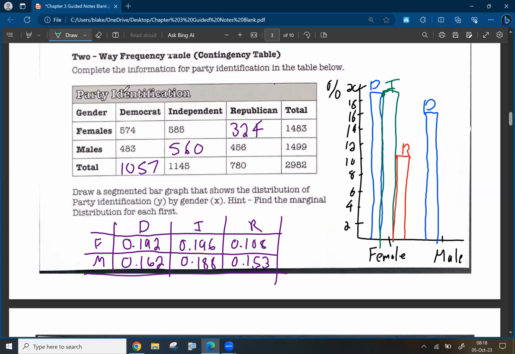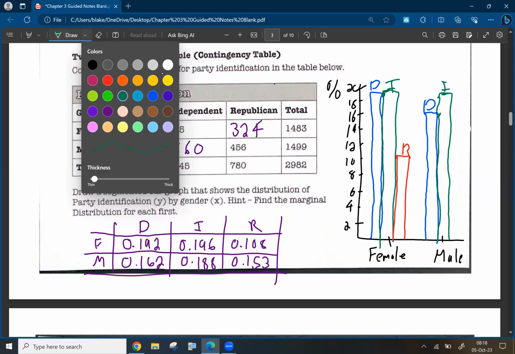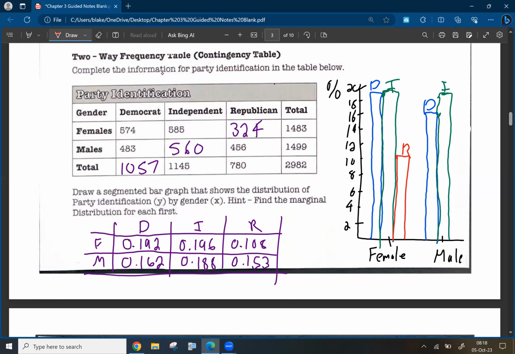For male independent, 18.8, so just under 19, should be right about here-ish. Hard to really eyeball it. Again, this is why it's nice to have actual graph paper. And then finally, male Republican, 15.3, so right between 14 and 16, right about here.